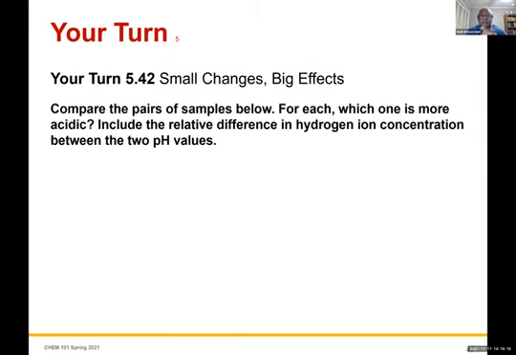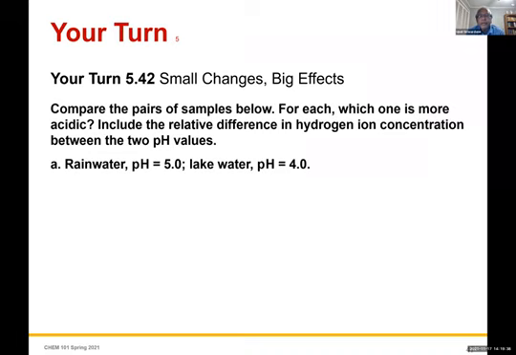Compare the pair of examples for each and say which is more acidic. Include the relative difference in hydrogen ion concentration between the two pH values. Rainwater pH is 5. Lake water pH is 4. Rainwater is less acidic than lake water.